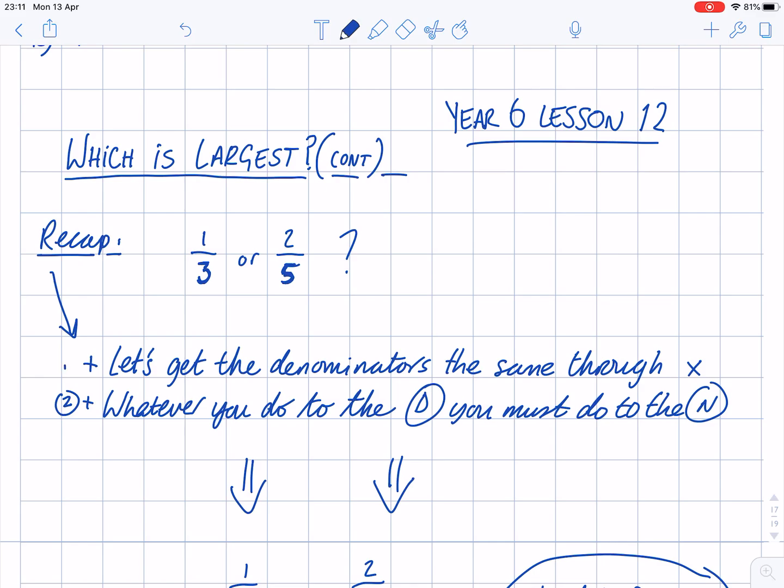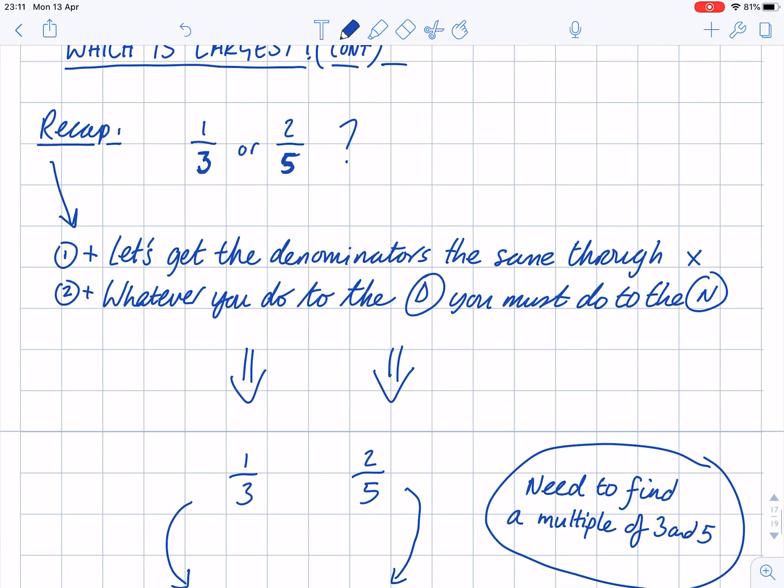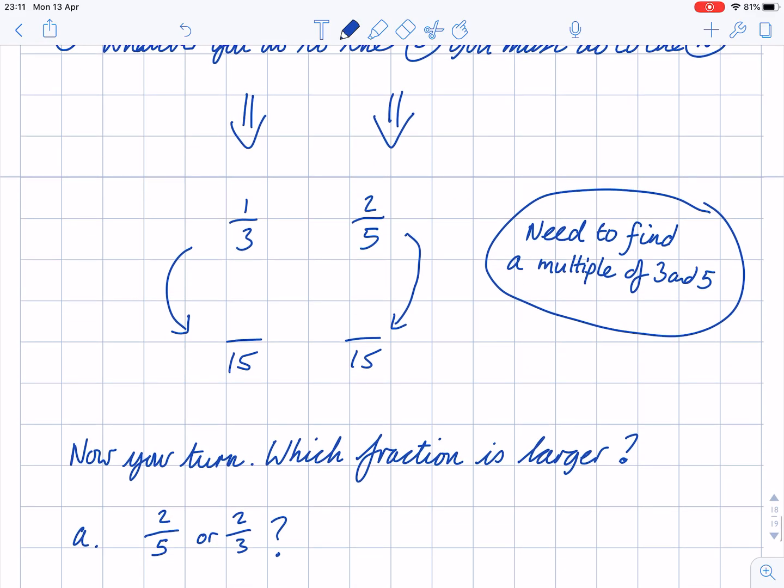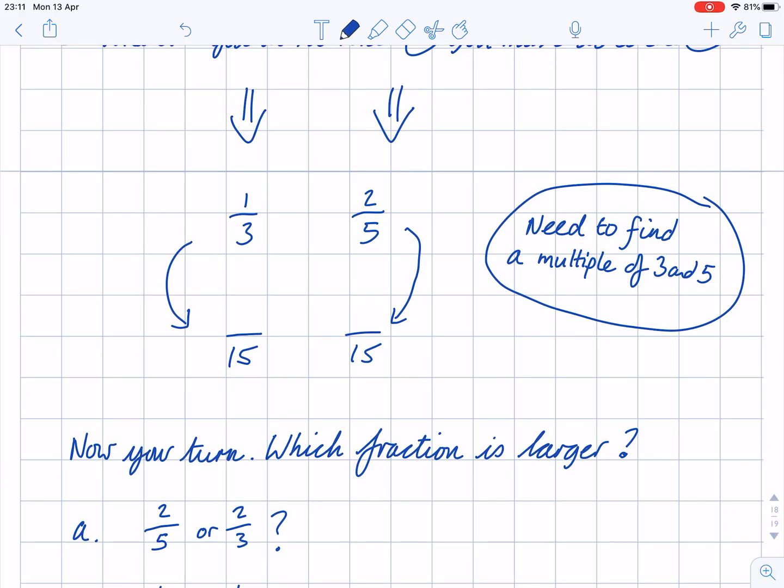But first of all, I need to think about how to get my denominators the same. I need to find a multiple of 3 and 5. If I count up in 3s and I count up in 5s, which is the first number that both 3 and 5 land on? It's 15, you can see I put it in already.